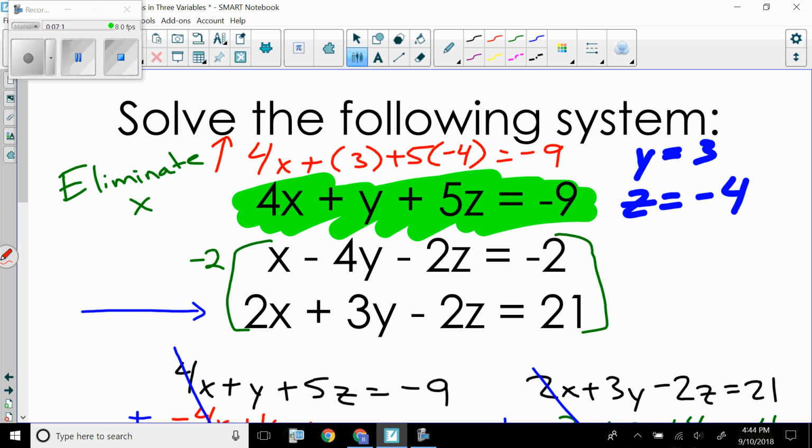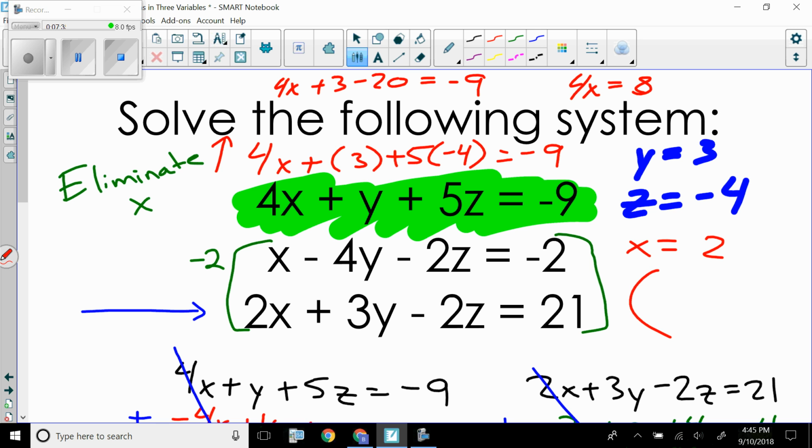I think you'll be able to follow along decently easy. This would give me a negative 20, so I have 4x plus 3 minus 20 equals negative 9. Well, that's negative 17. If I add 17 across, I would have an 8, so I have 4x equals 8. I divide out and I get x equals 2.